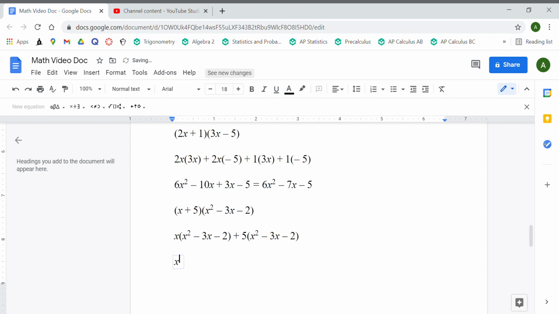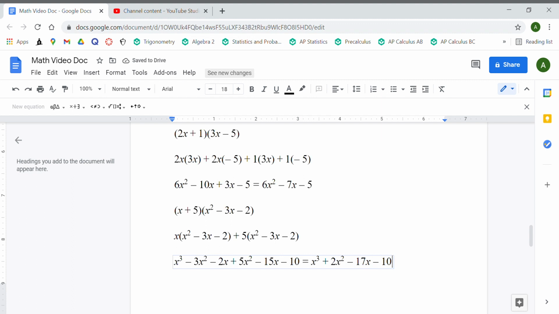So it's going to be x cubed minus 3x squared minus 2x plus 5x squared minus 15x minus 10. Now we're ready to simplify by combining like terms. X cubed is alone by itself, negative 3x squared plus 5x squared is going to be positive 2x squared. Negative 2x minus 15x is negative 17x. And then it's going to be minus 10.